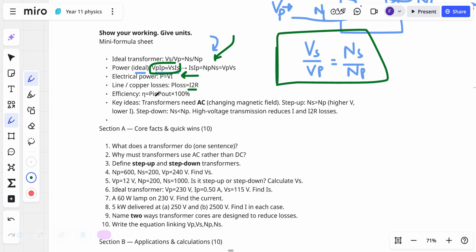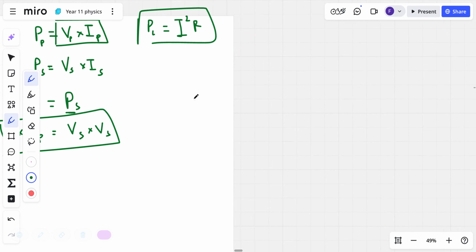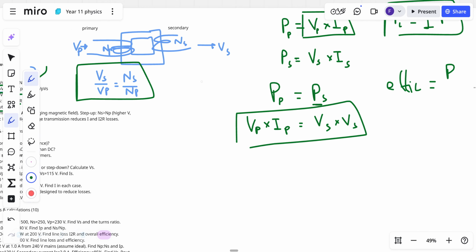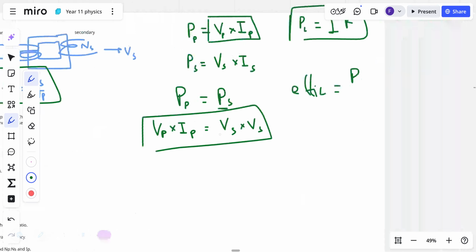And the key one, efficiency. Now this looks really complicated, and I'll explain it to you. That's your fourth one. Efficiency. I'll write it in shorthand. Efficiency is power out divided by power in, times 100, because it's a percentage.